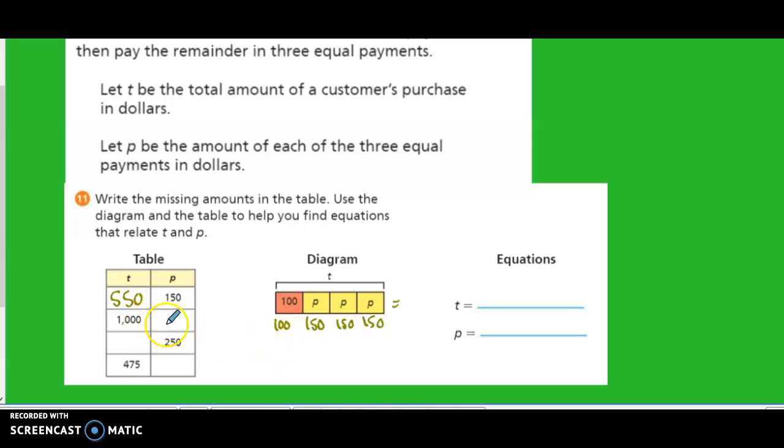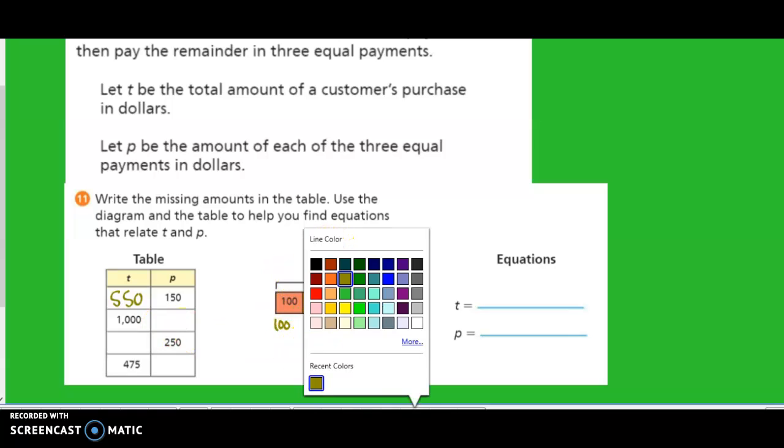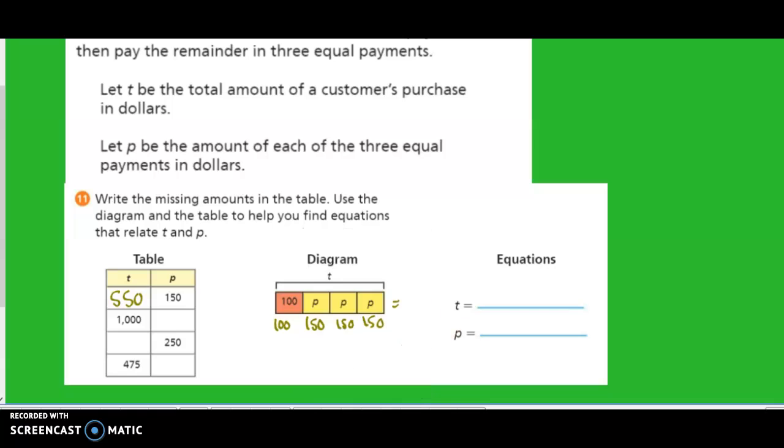Now I can also use the diagram to work backwards. If the total amount equals $1,000, the first thing I'm going to do is subtract $100 from the total price, and I'm left with $900.